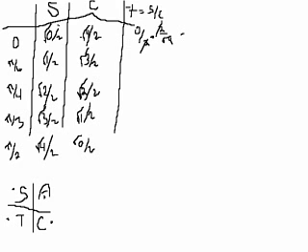Your denominators are always going to cancel, and you're just going to get top of sine over top of cosine.